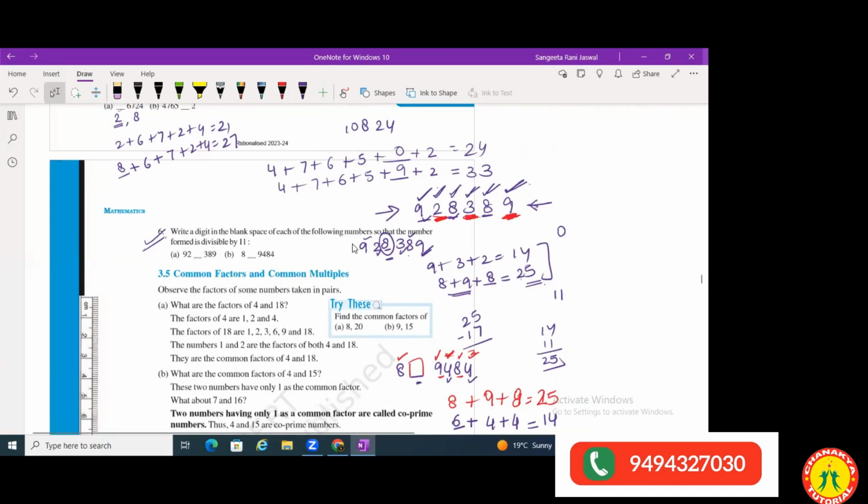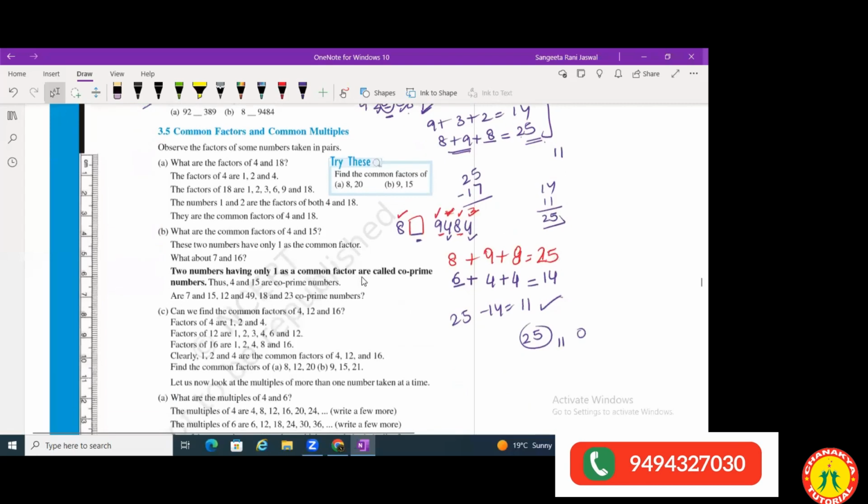The topics should be there, like common factors and common multiples. Great, that's what we want. And practice sums of those topics.